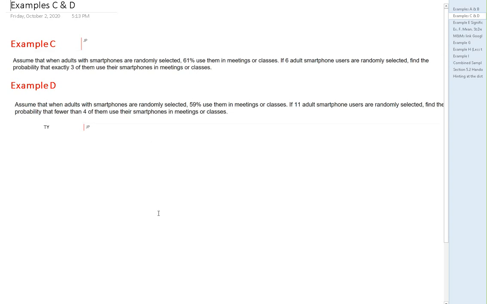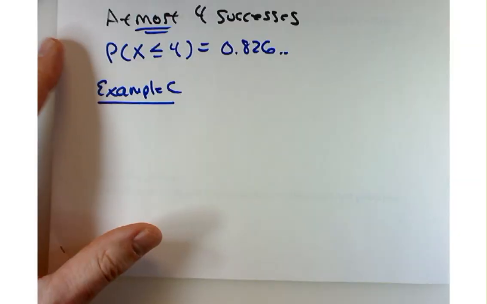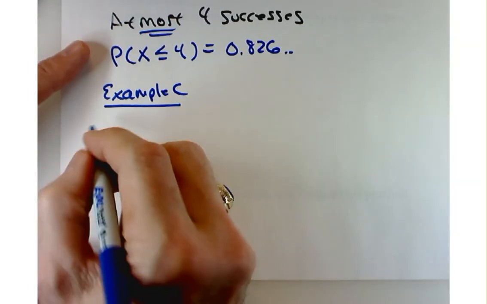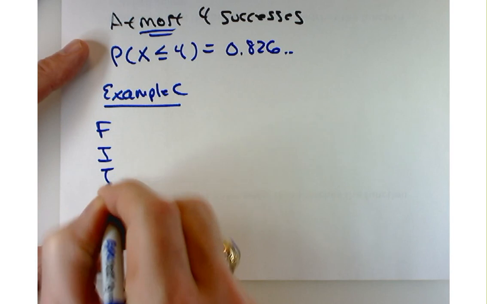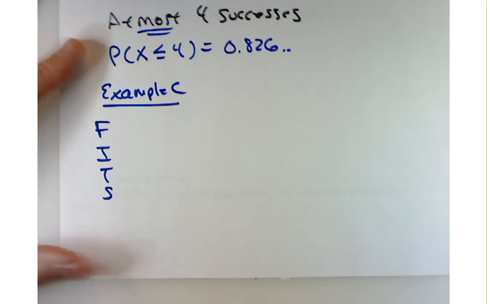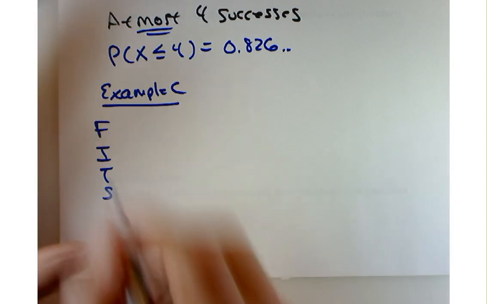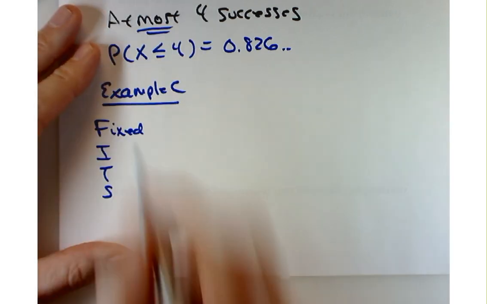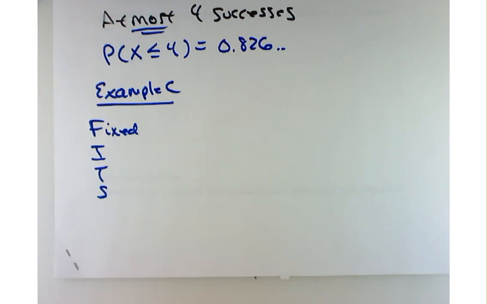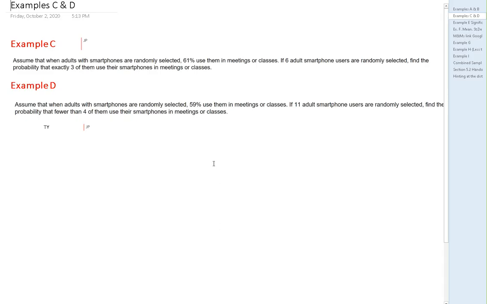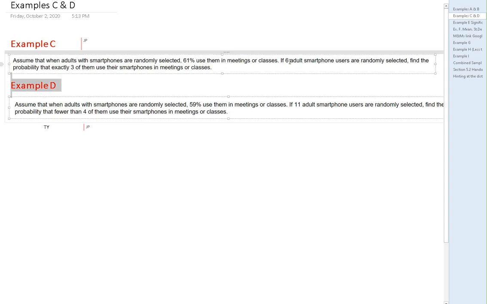So let's go through our little process here and decide if it fits. Do we have a fixed number of trials? I don't know. Would it be no because of the randomly selected amount?